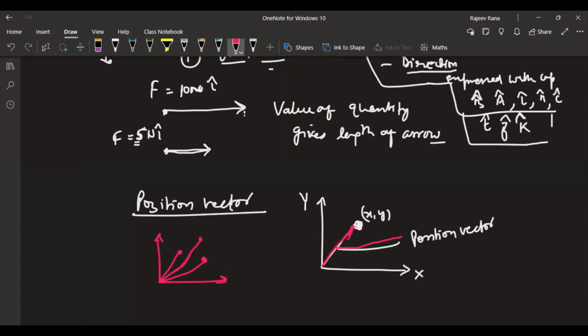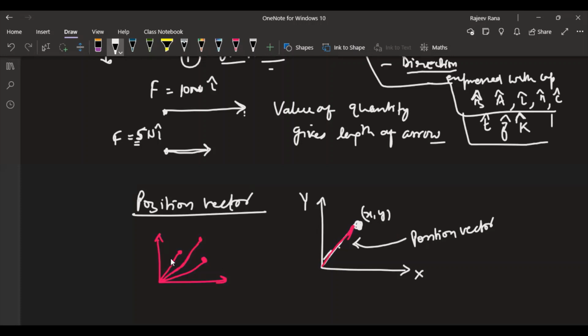Sir, the horizontal line which is parallel to the x-axis, is that also a position vector? No, this is just to indicate what a position vector is.